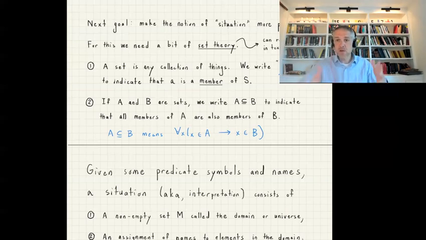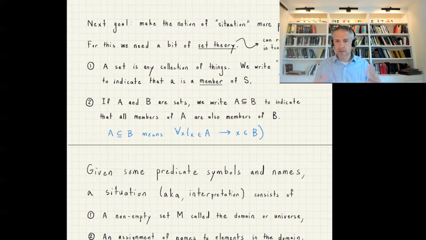Okay, so let's assume we understand the vague notion of a set, of members of a set, of subsets. With those notions in place, you can, of course, talk about things like the overlap between two subsets, the intersection, the union of two subsets, the complement for the things outside of a subset, and so on. We'll use those notions freely in now making totally precise the notion of a situation. So what is a situation?